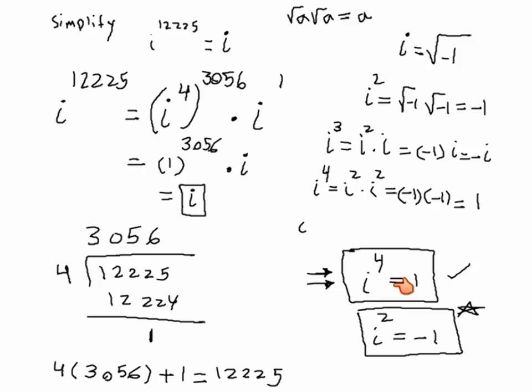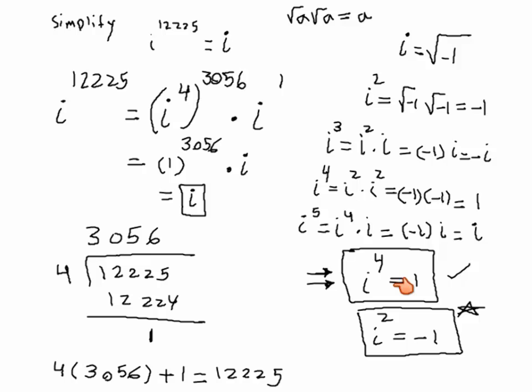Because what is i to the power of 5 anyway? i to the power of 5 would be i to the power of 4 times i. Do you agree with that? Right? Yeah. So i to the power of 4 we established is equal to 1. So 1 times i. So i to the power of 5 is equal to i. So that's not going to help me to simplify this.